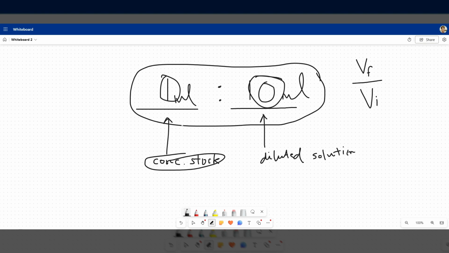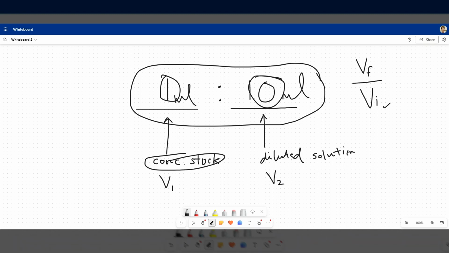So the volume on the left side of the colon is the volume of the initial solution. The concentrated stock is always what you're starting with. Sometimes we call that V1, the initial solution, or over here I showed it as VI, the initial volume. And the diluted solution, the V final, is sometimes considered V2, the second solution, the diluted solution.